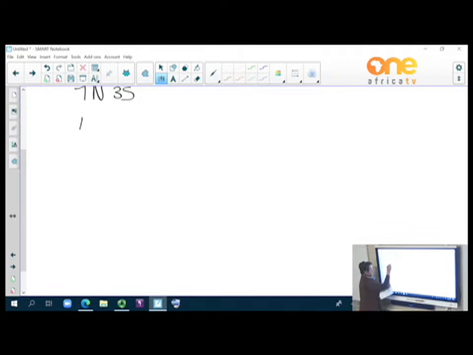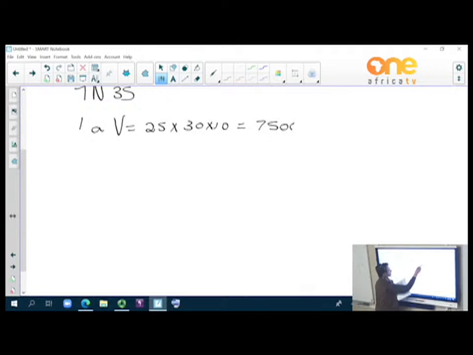So the volume of number 1A is just length times breadth times height, which is what? 7,500. Make sure that you write your units in every time, cubic centimeters. Now we're looking at the surface area. You will remember that is my box. I've got two sides, and the bottom and the top.